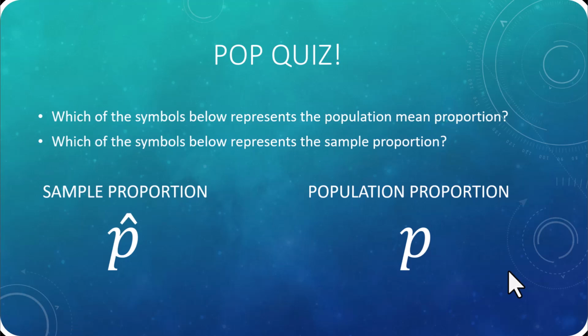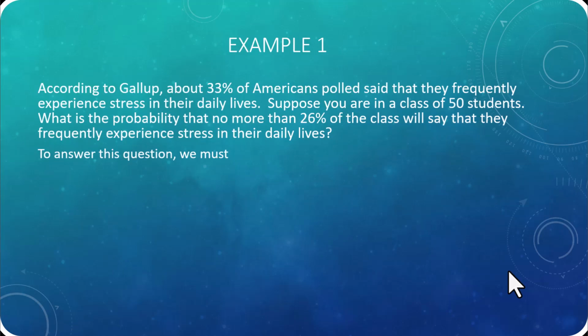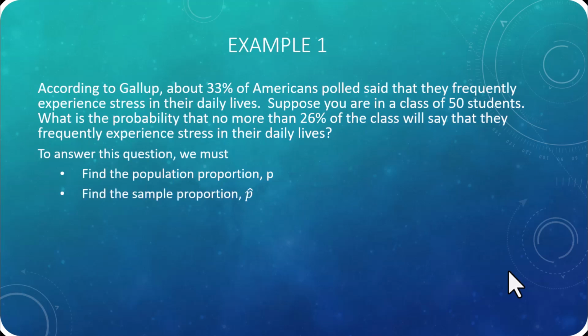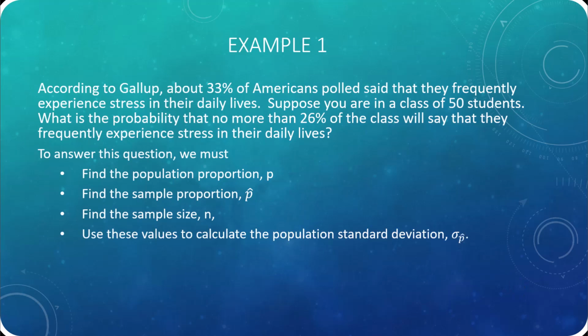Let's go back to our example. So here was our example. We already decided that all of our requirements have been met, so now we can actually start getting into the process of answering this question. We first have to find the population proportion, P, then we can find the sample proportion, P hat, and lastly, we are going to use these values to calculate the standard deviation, which is called sigma sub P hat.